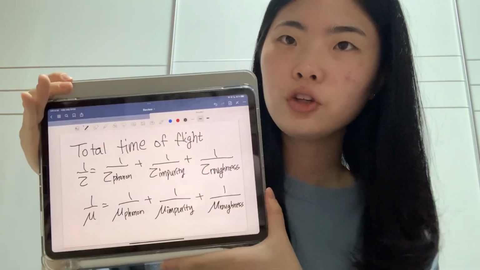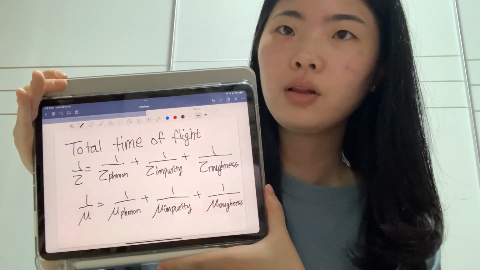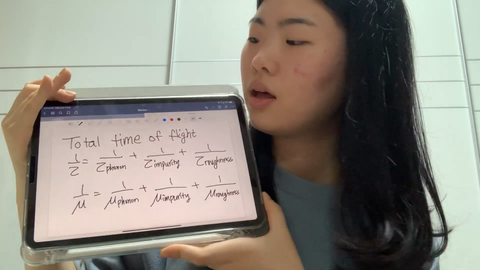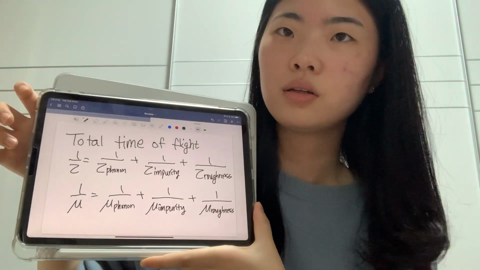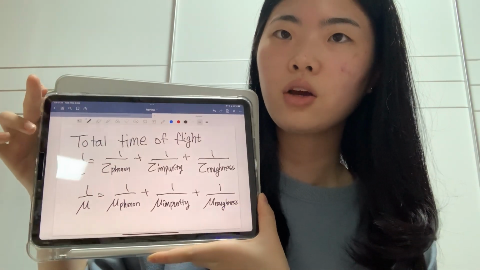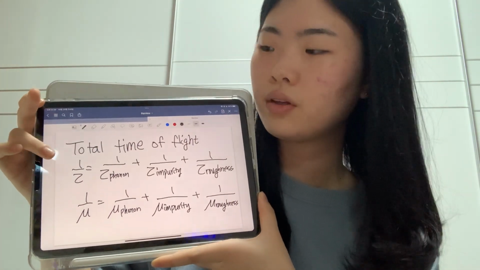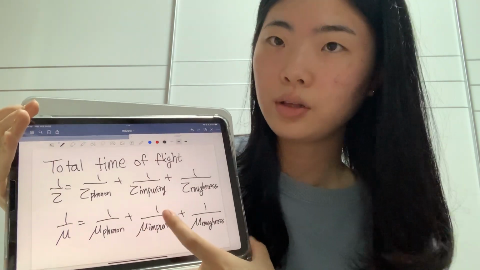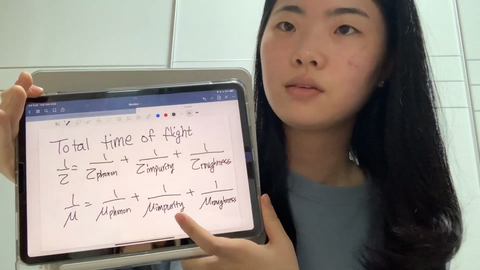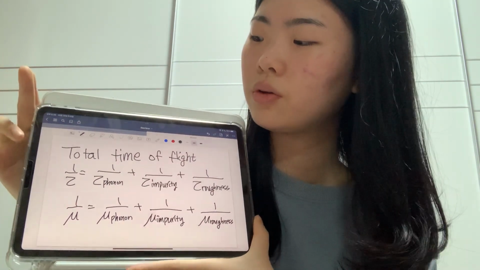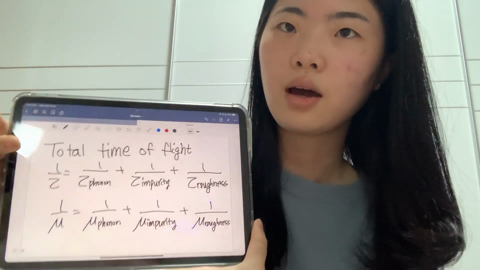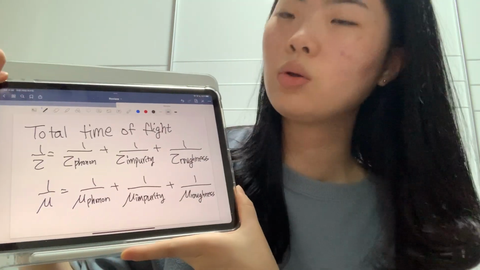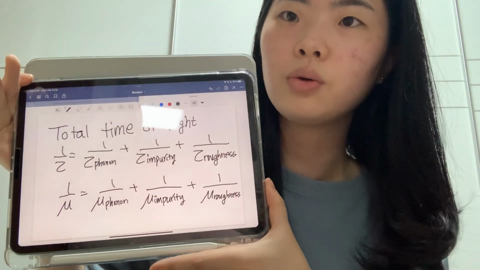So in conclusion, we learned about three situations of scattering, and if we calculate the time for the drift velocity, phonon plus impurity plus roughness is equal to this time. So we can calculate the total time of flight based on this equation.